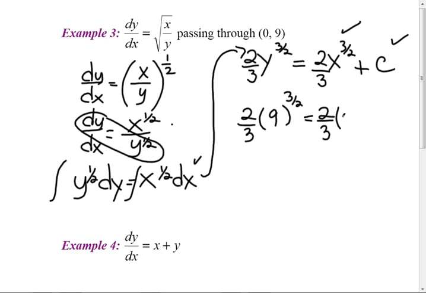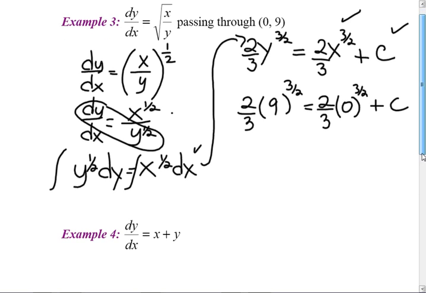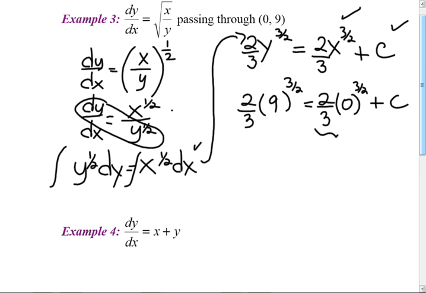You can just leave it. We are going to simplify because we can. That's right. Well, this is 0, right? Now, how do you do 9 to the 3/2? You do the square root first, 3, and then 3 cubed is 27.